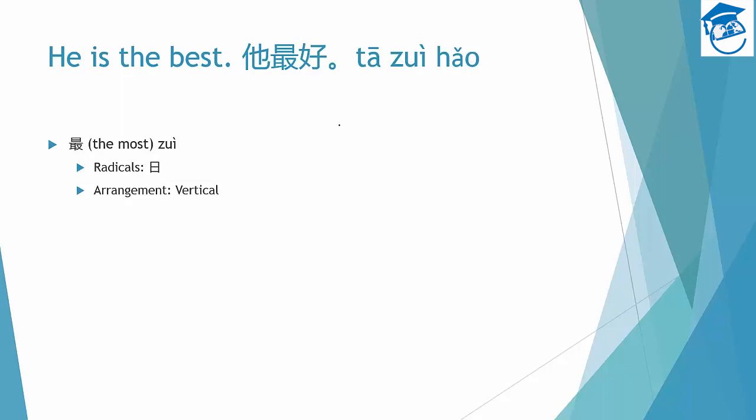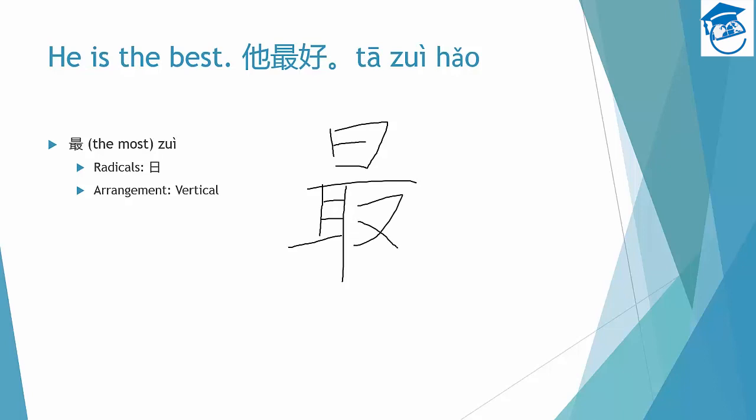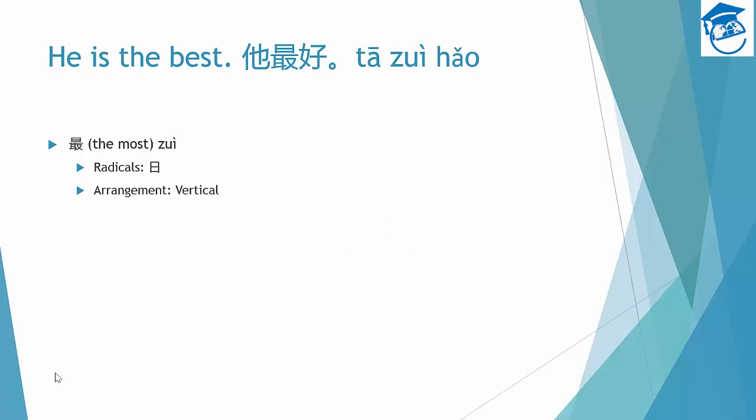So here's how to write 最. 1 2 3 4 5 6 7 8 9 10 11 12. 12 strokes for this one. Okay, 他最好, he is the best.